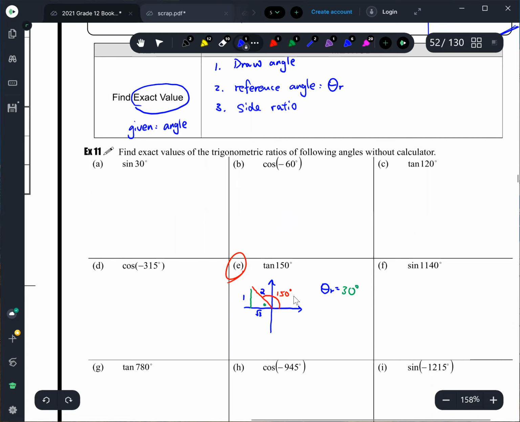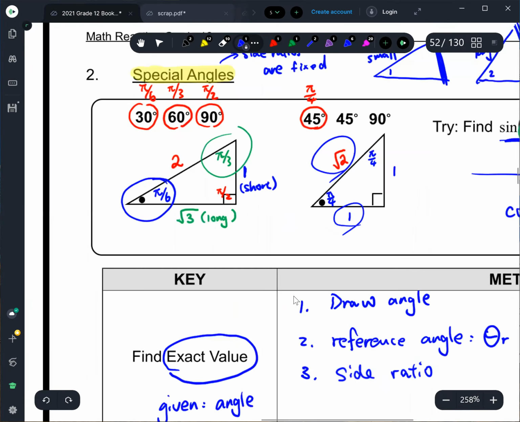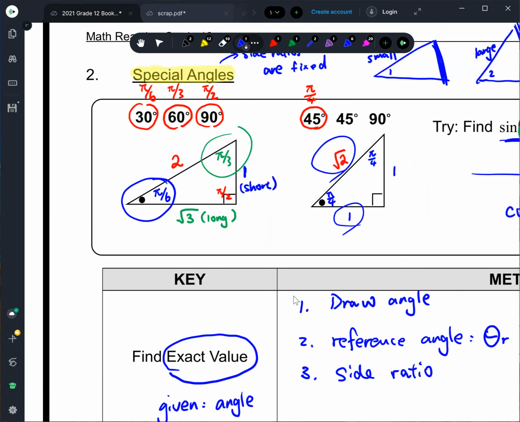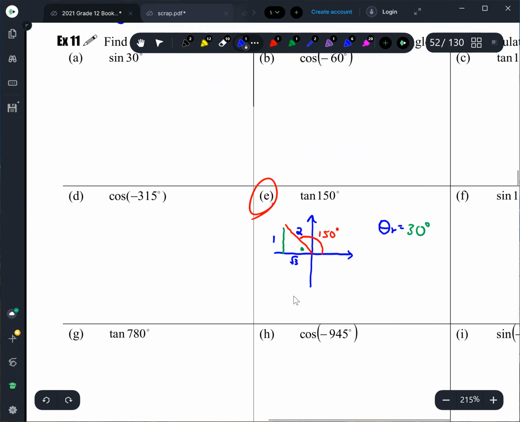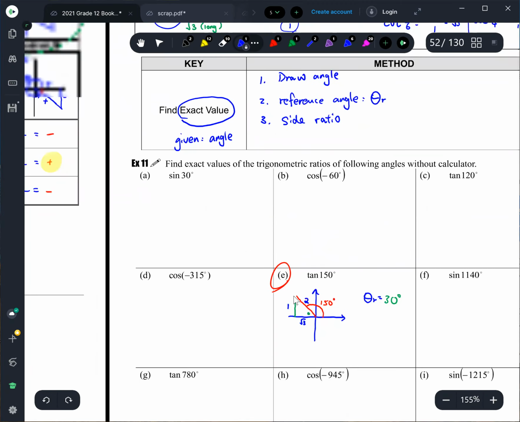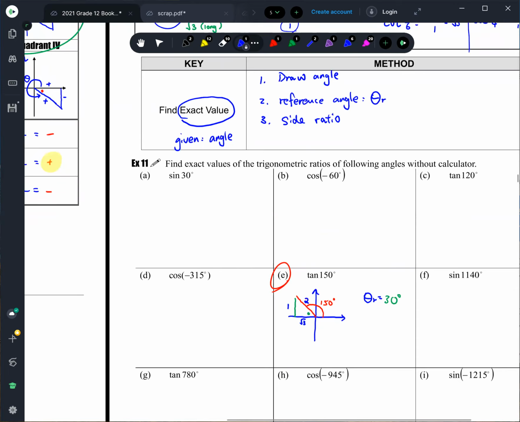You fill in the sides according to the picture on the top, but you have to memorize these pictures, the 2 triangles. Jocelyn, did you get everything? Write out the 3 sides.